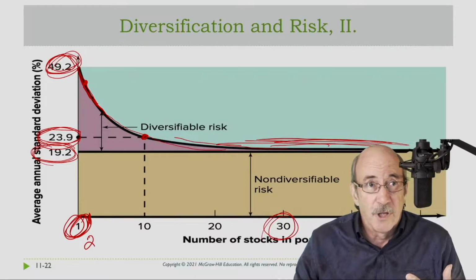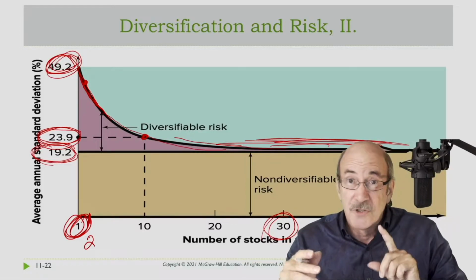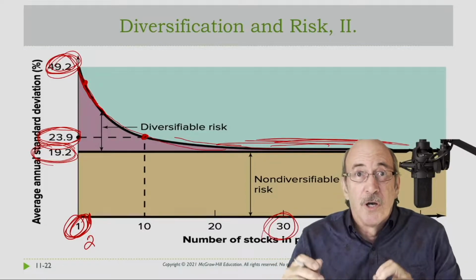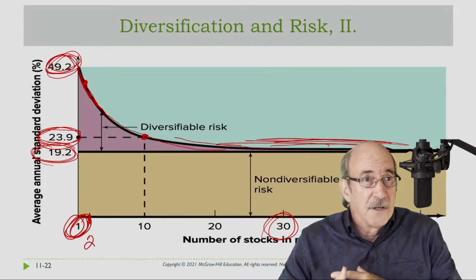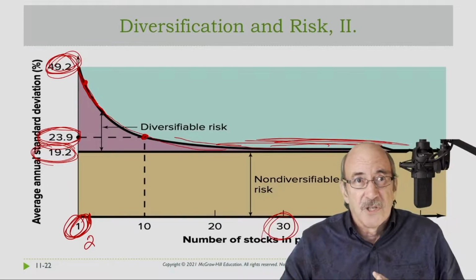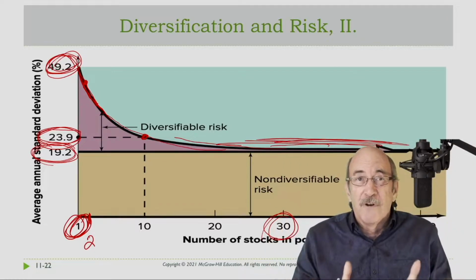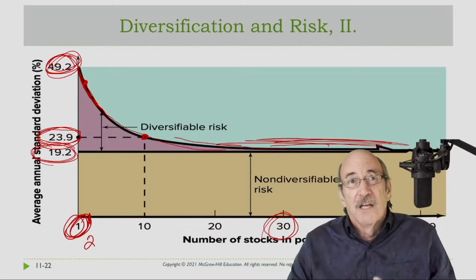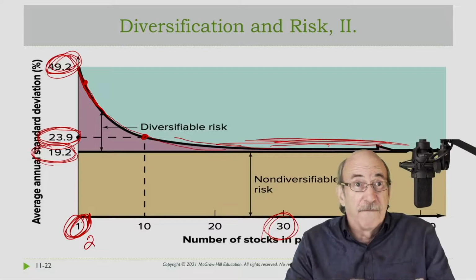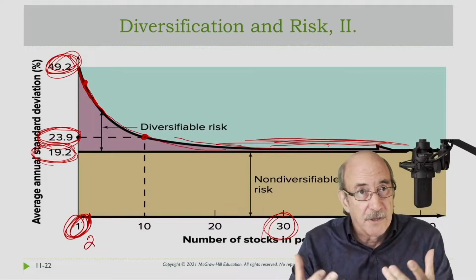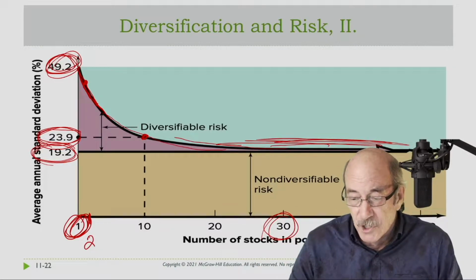firms in a portfolio. Now, mind you, these are totally randomly drawn firms, right? We're not segmenting based on sector or industry. We've just got every single firm, every single asset, in fact. We randomly draw, we get 50 of them in a portfolio, and we calculate their standard deviation of returns.